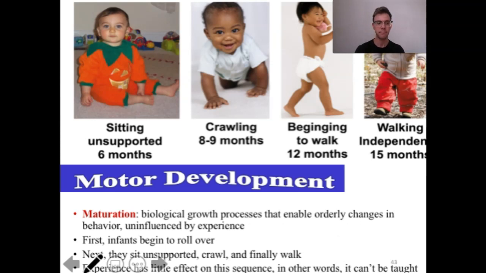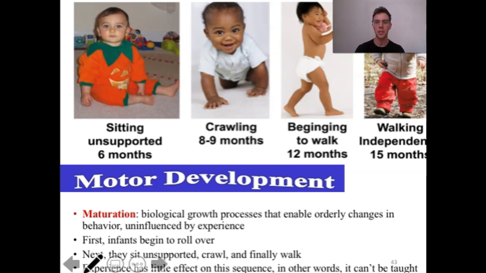maturation. We're looking at the development of our body physically, and so we're going to talk specifically about maturation and motor development. All right, so maturation is the genes in our bodies, the biological growth processes that enable us to change in terms of our behavior and our physical abilities and our cognitive abilities, how we experience the world.